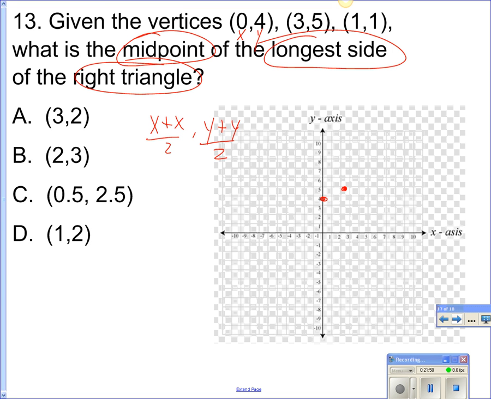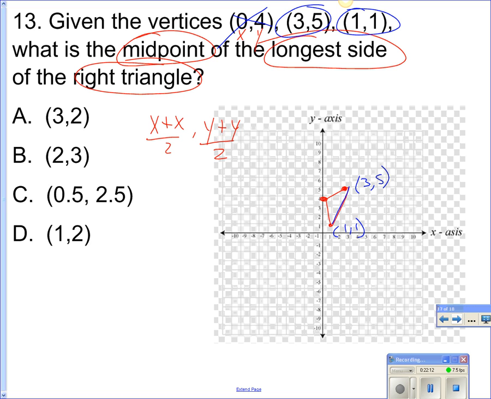And Elijah, what about 1, 1? All right, Riley K., which 2 points make the longest side? Good. 1, 1 and 3, 5 make the longest side. So you can mark out 0, 4.